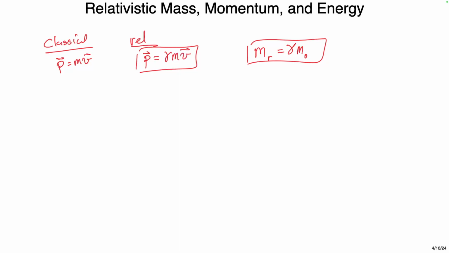It would have infinite mass. That's because gamma is a number that goes from 1 at the smallest to infinity at the highest, right? So if, not saying can, saying if, something with mass, like our spaceship, moved at the speed of light, its mass would be infinitely large.